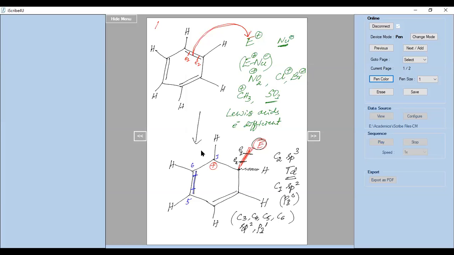So this bond is going to shift between C6 and C1. This electron belongs to the 6th and this electron belongs to the 5th. So this electron will be shifted to C1. As a result of that, C5 will get positive charge.